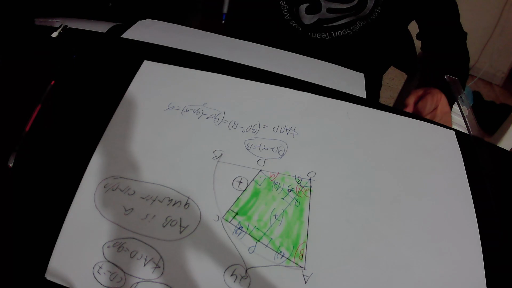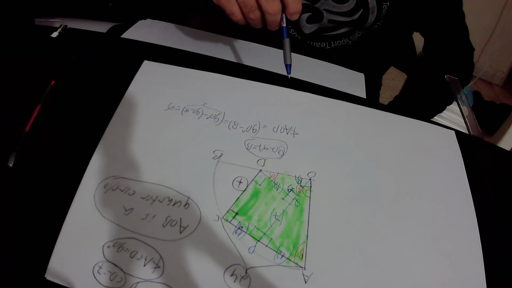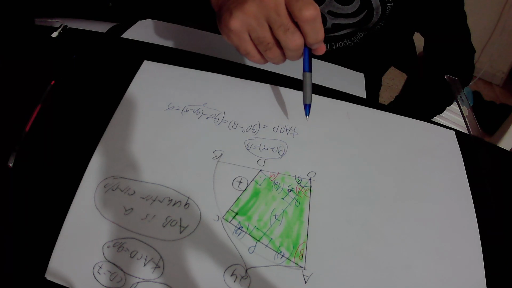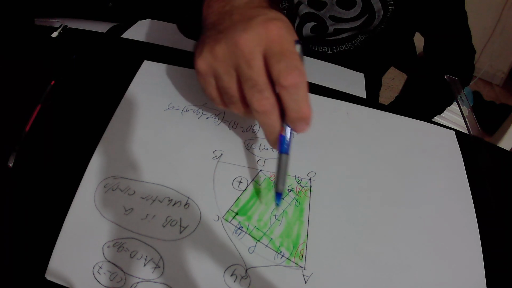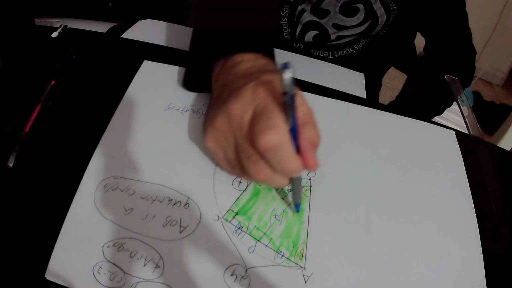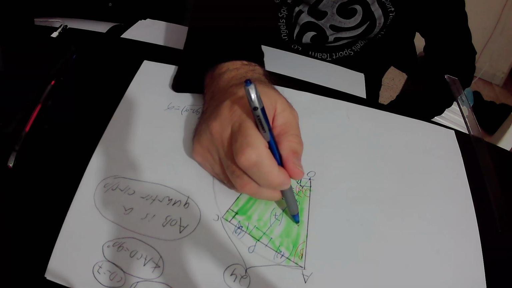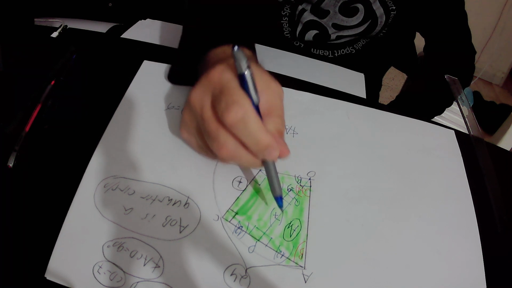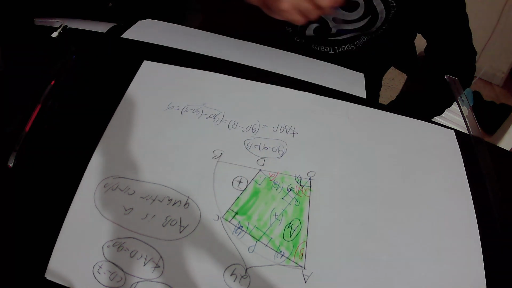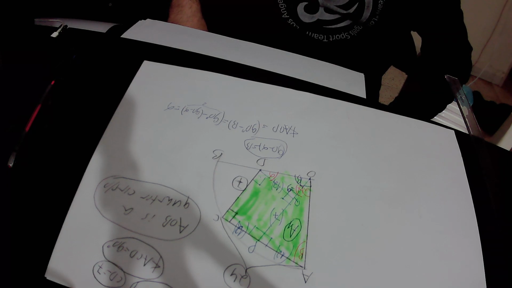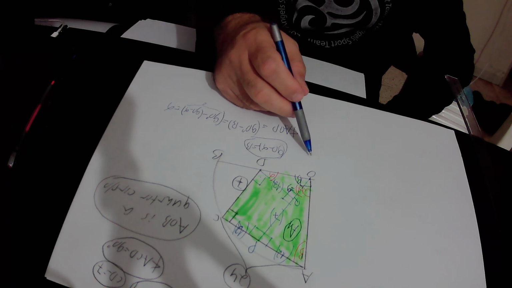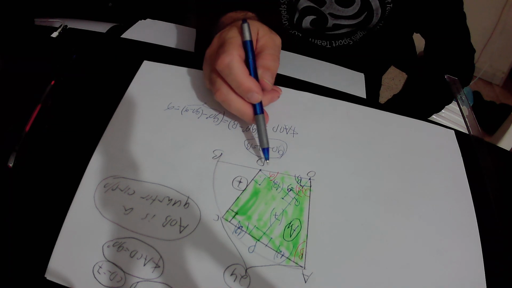The first part of the area of the green shape will be the area of the right triangle APO. This will be A1. Again, A1 is the area of the right triangle APO. The second part of the green shape will be the area of the right triangle OQD.